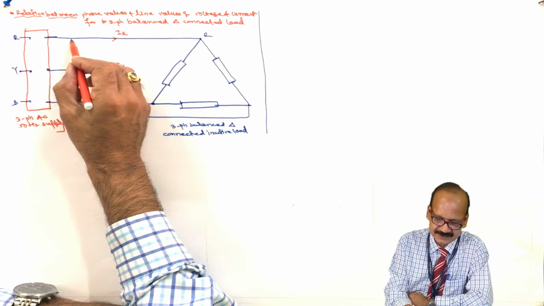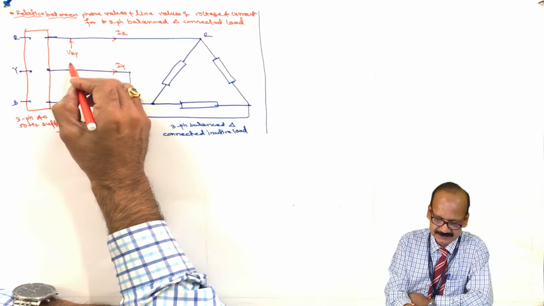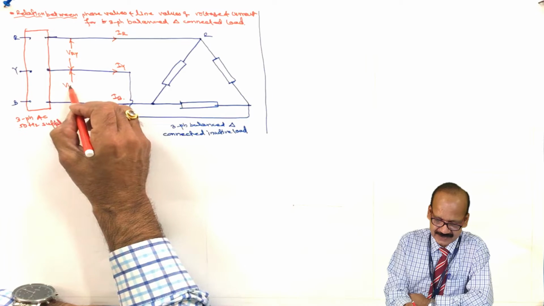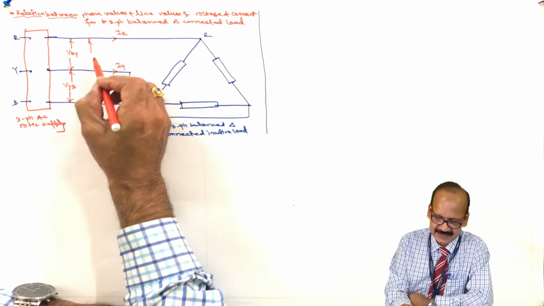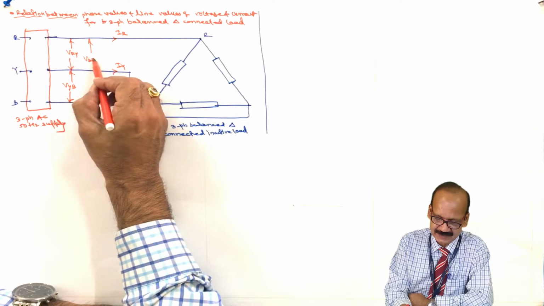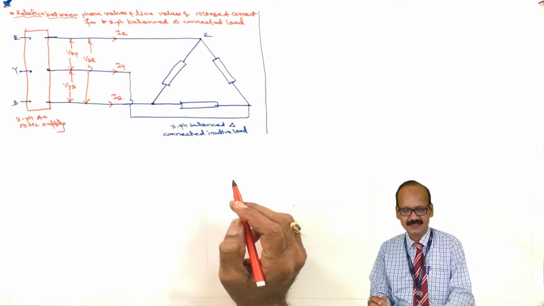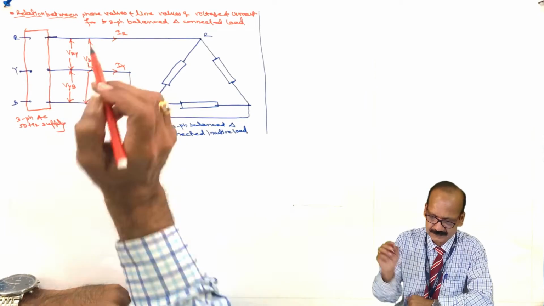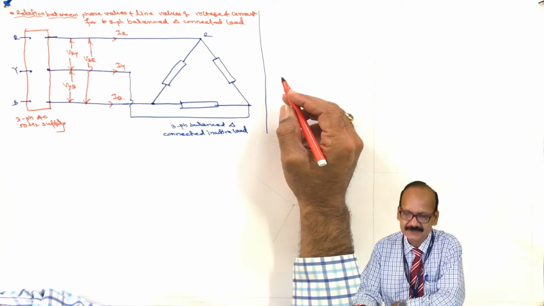The voltage between lines R and Y is V RY, the voltage between Y and B is V YB, and finally the voltage between B and R is V BR.